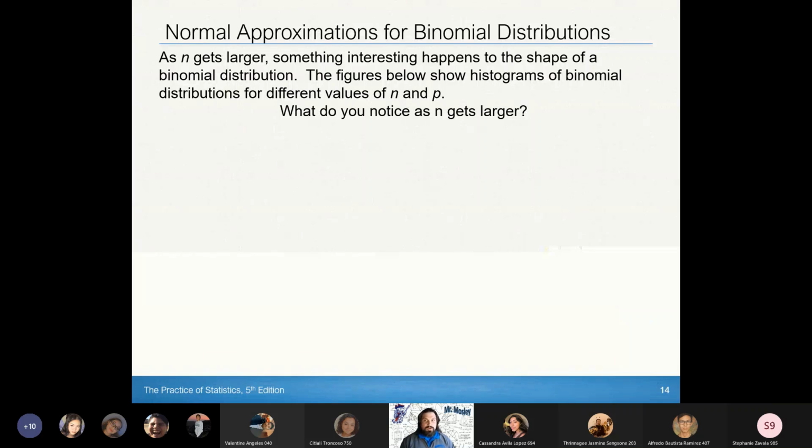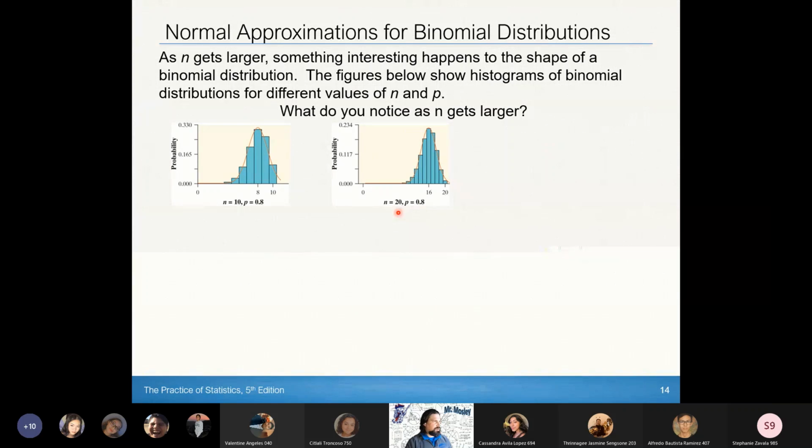Normal approximations for binomial distributions. We can use a normal approximation for a binomial distribution if some conditions are met. As n gets larger, something interesting happens to the shape of a binomial distribution. The figures below show histograms of binomial distributions for different values of n and p. What do we notice? Here's our first one. We see n is 10, so my sample is 10, with probability of 0.8.